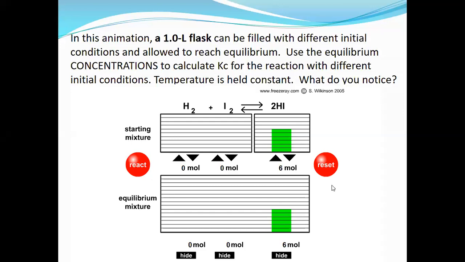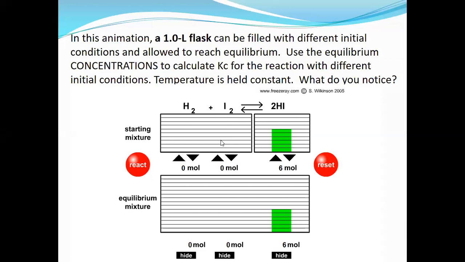So coming back to the animation, I put the HI initially as 6 molarity, and we're going to put the H2 and the I2 initially as 0 molarity. So now there's only HI in the container. There's no hydrogen and iodine. So this reaction cannot go forwards, right? There's no hydrogen or iodine, so there can't be a forward reaction. There can only be a reverse reaction.